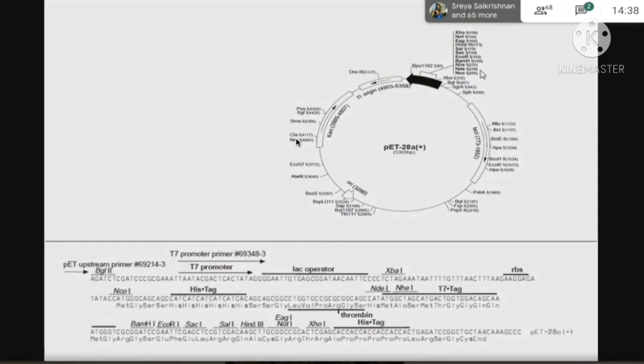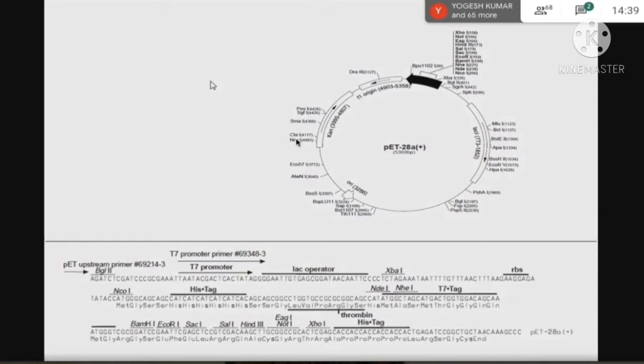Suppose you are getting all as zero cutters, it means there is no recognition sequence of these restriction enzymes in your gene, so you can choose any. If you find HIND3 is present in your gene, then you should not clone at HIND3. Then you can use the remaining ones. In this way, you have to search zero cutter sites in your gene.